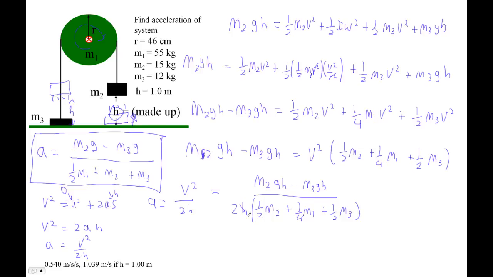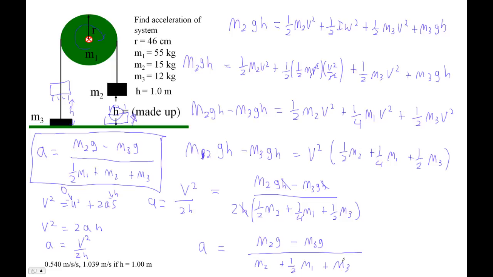Now, all this does is cancel those h's. And then if we multiply the denominator by 2, we get a is equal to m2g minus m3g all over, well, 2 times 1/2 is m2. 2 times 1/4 is 1/2 m1. 2 times 1/2 is m3, there's no half there at all.